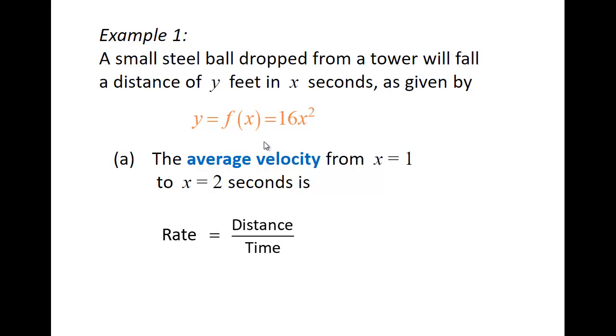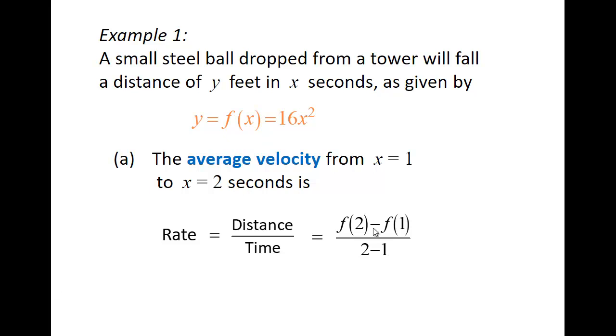So we look at the distance divided by time, and what distance is traveled in this period? It'll be the distance traveled in 2 seconds minus the distance traveled in 1 second. So it should be f of 2 minus f of 1 divided by 2 minus 1.